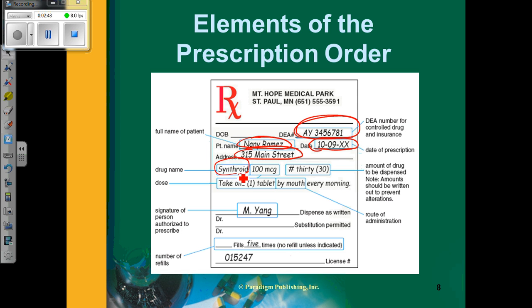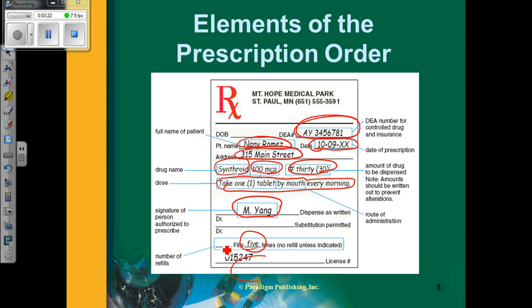The drug name and dose is 100 micrograms. The directions are take 1 tablet by mouth every morning, so by mouth is the route of administration. Quantity is 30. The doctor is M. Yang, and the number of refills says 5 times. If this is left blank, it is 0 refills.